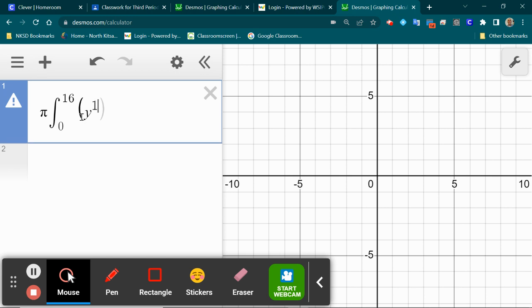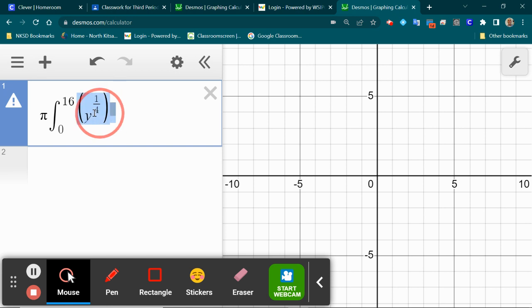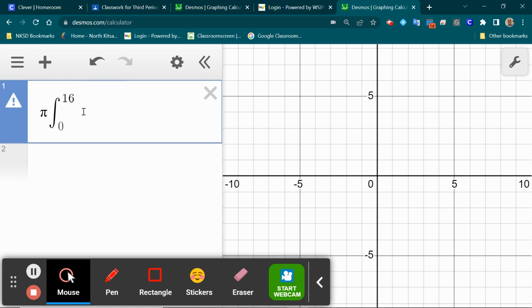Nope, don't like that either. It's not in the right font size. So let's see. Y to the 1/4 power. And then we're going to close the parenthesis, and then we're going to square it. Okay. Ooh, it's not letting me do it right now.